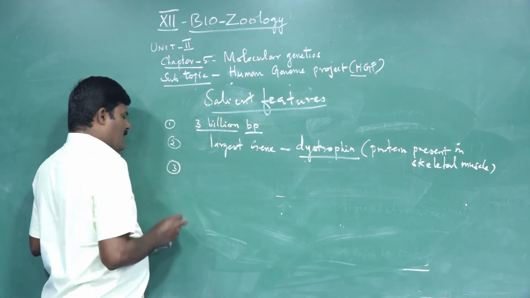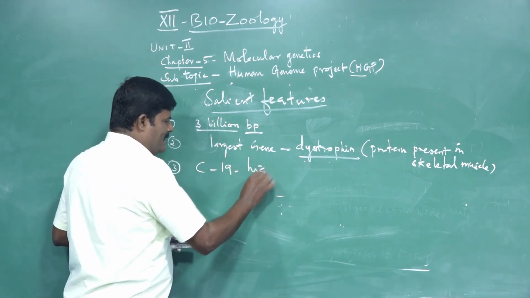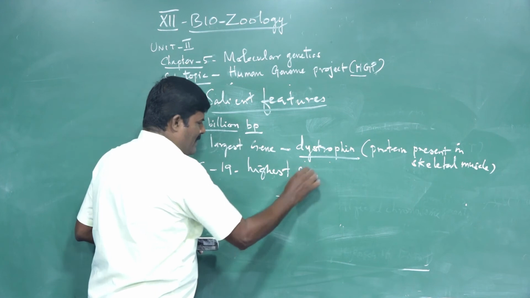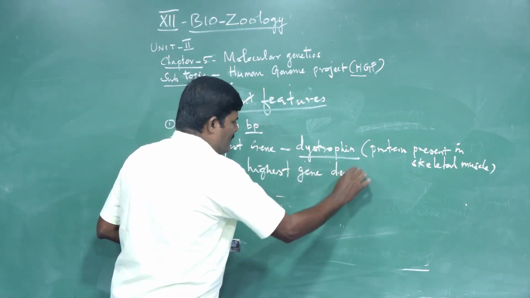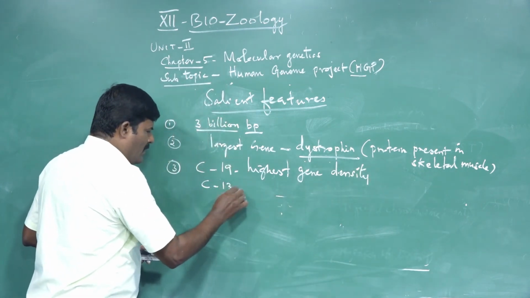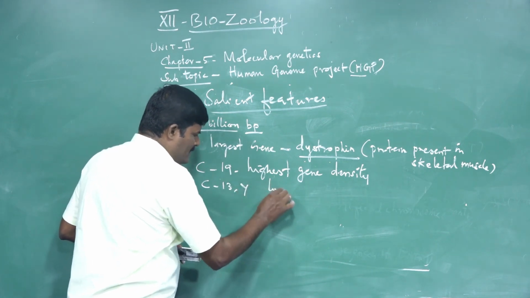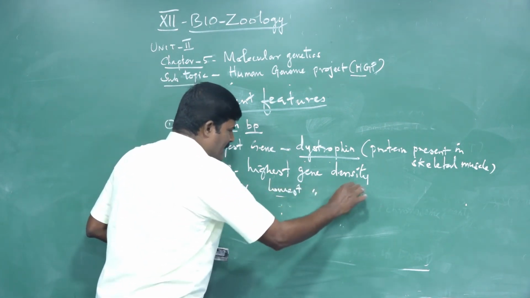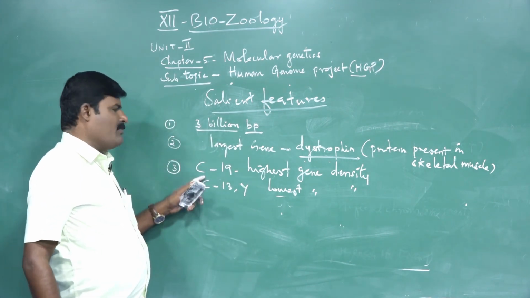Third thing, chromosome number 19 has the highest gene density. And chromosome number 13 and the Y chromosome have the lowest gene density. I repeat, this is important.